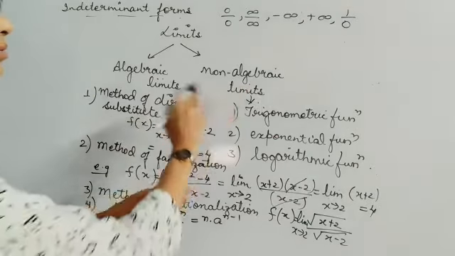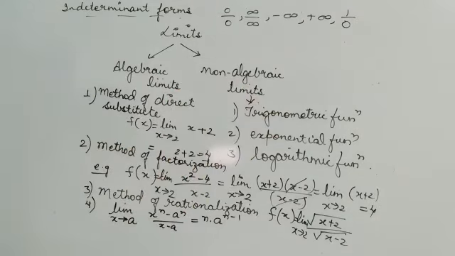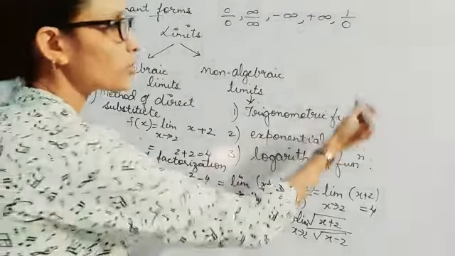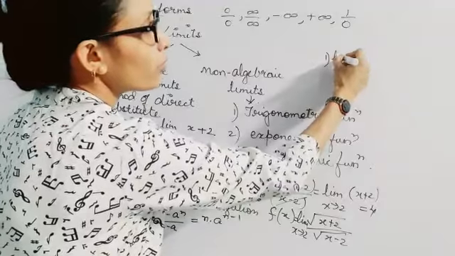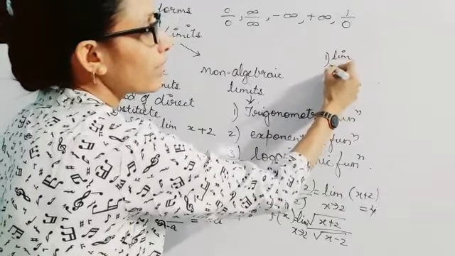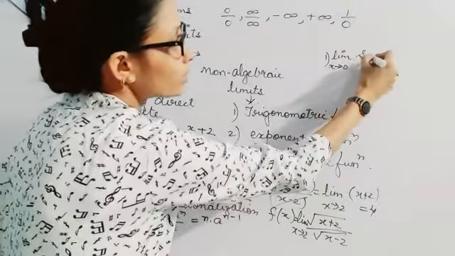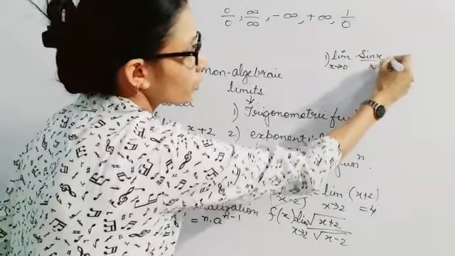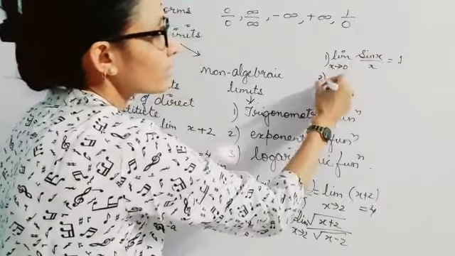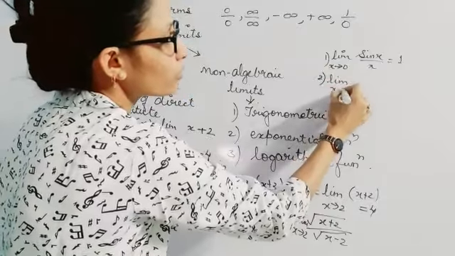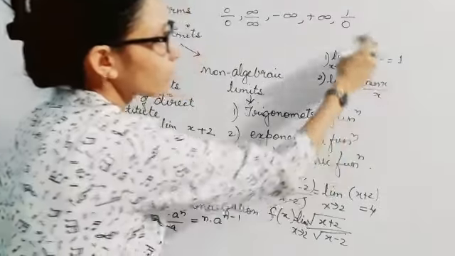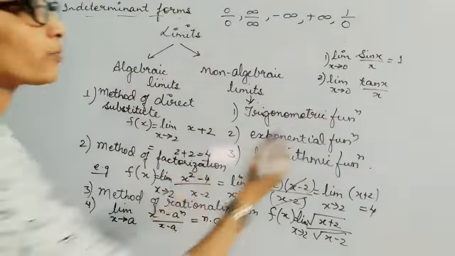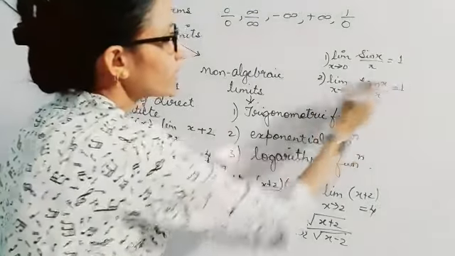Let's see what to do when the function is a non-algebraic function. If it is a trigonometric function, then you have three formulae here. Limit x tends to 0, sin x by x can be written as 1. Secondly, limit x tends to 0, tan x by x, if you get your function in this form, then you can write it as 1.